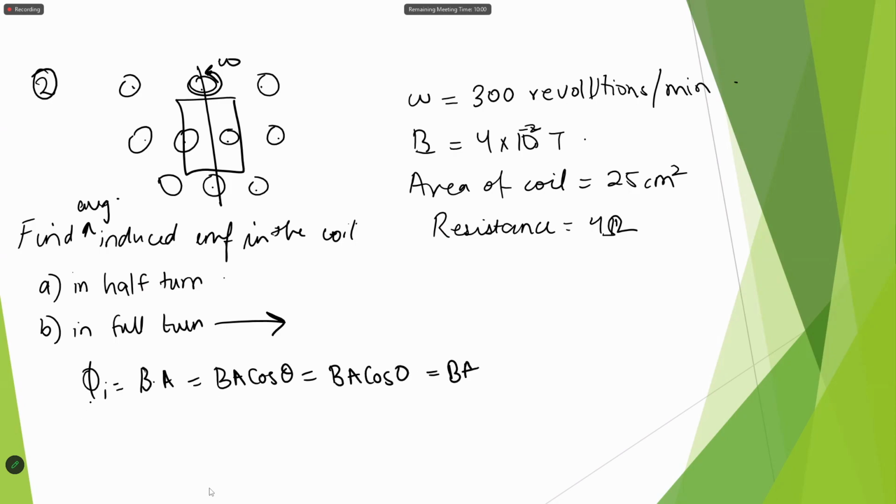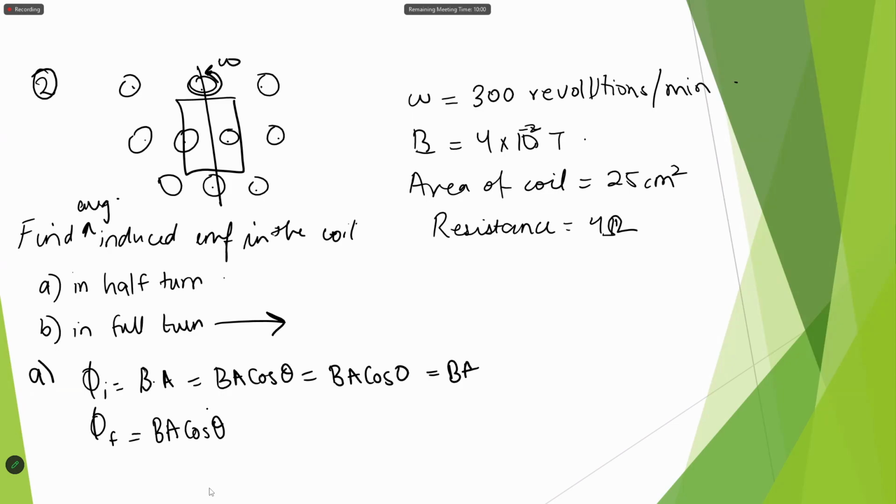But when you do the flux final, I'm doing part A now, for the half turn. In half turn, when you do BA cosine of the angle, what will be the angle? Will it be cos 0 now? When the coil moved half of the turn, what will be the angle now?